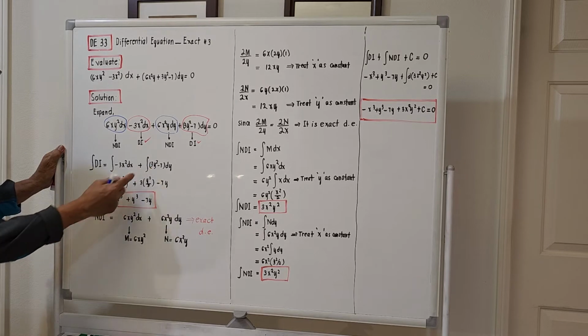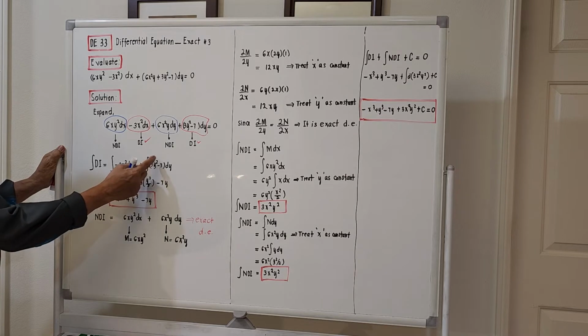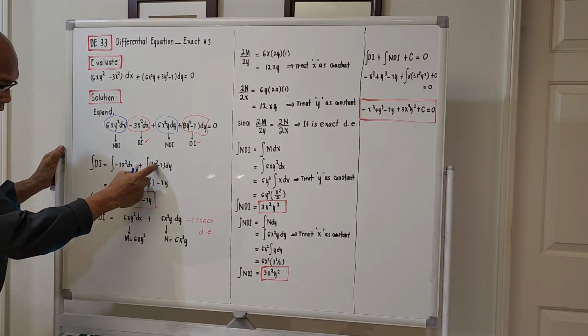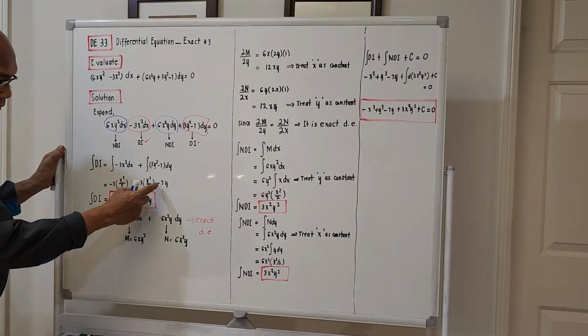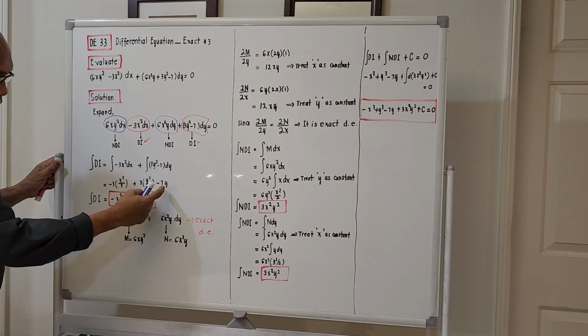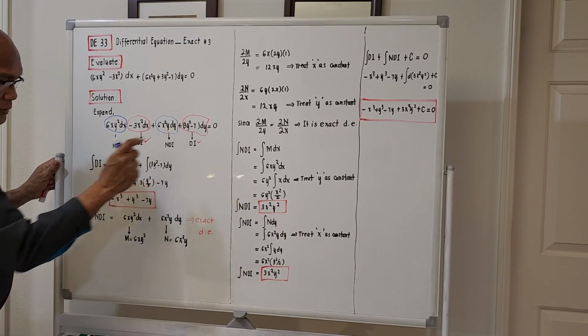First one here, 3 is constant, we bring it out, 3. The integral of y squared dy is also power formula. Y to the third power over 3 minus 7. The integral of dy is just y. So the last part is minus 7y.